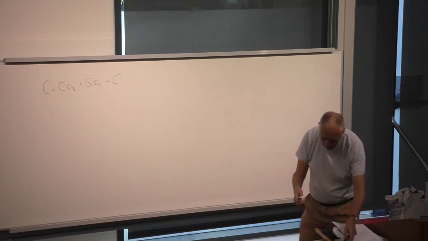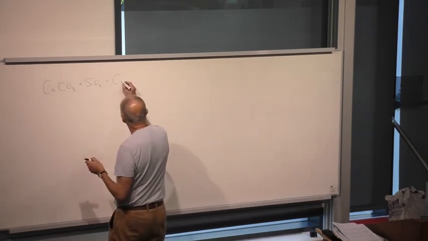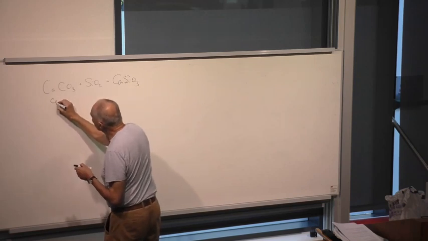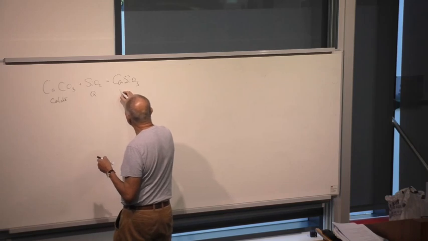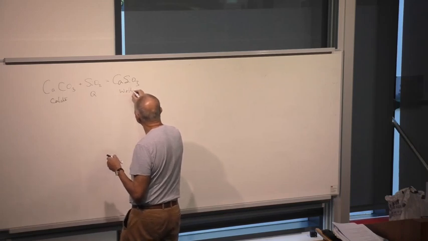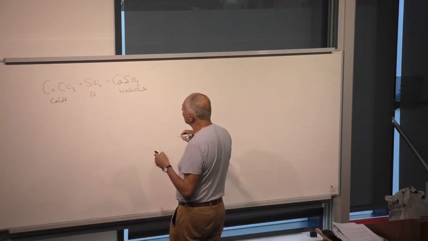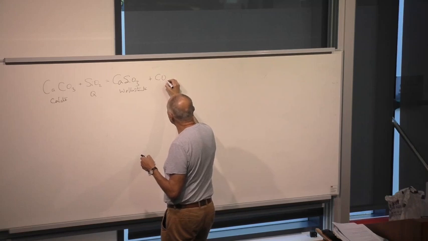Oh, that's strange. So this is calcite. That's wollastonite. What's kind of weird in thin section is it's got several cleavages that intersect at strange angles. Plus gas, CO2.